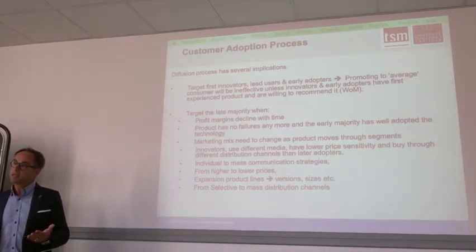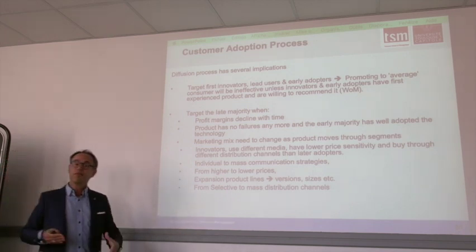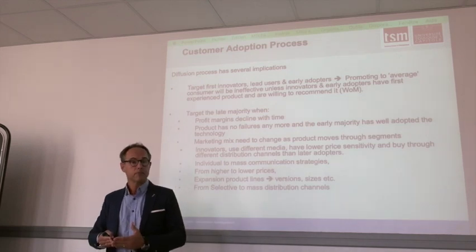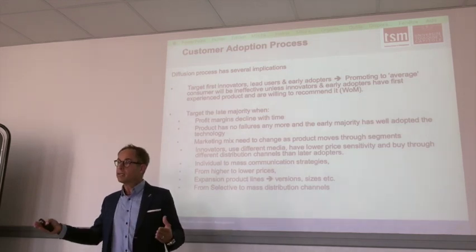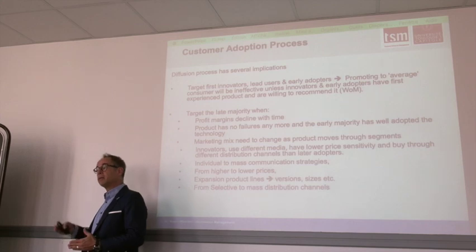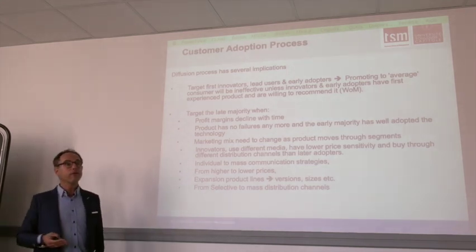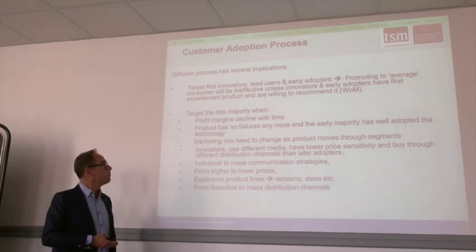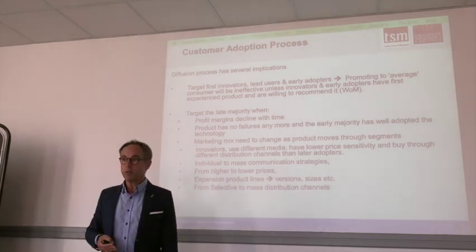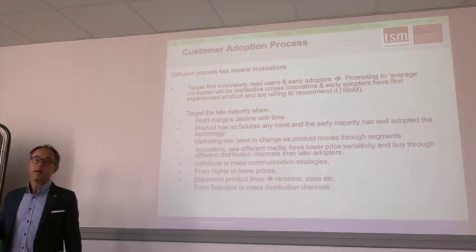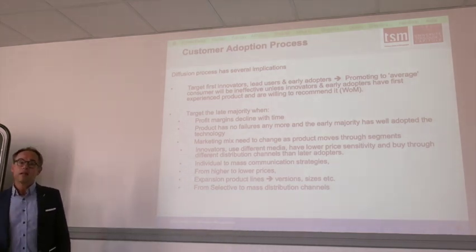To illustrate that, let's take again the smartphone market. In the early beginning, when the smartphones were launched, only innovators and early adopters adopted these technologies, at high prices. There were very few versions because the market was very restricted, so no need for a large amount of product versions.